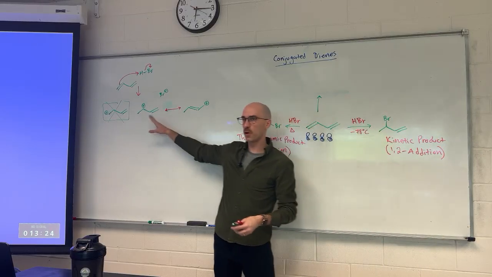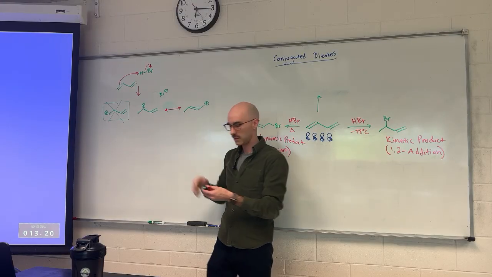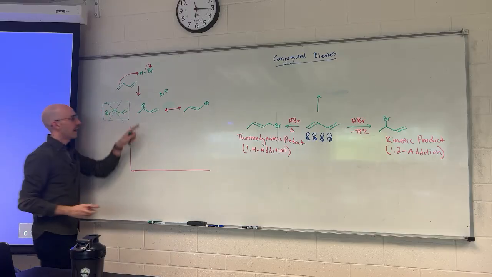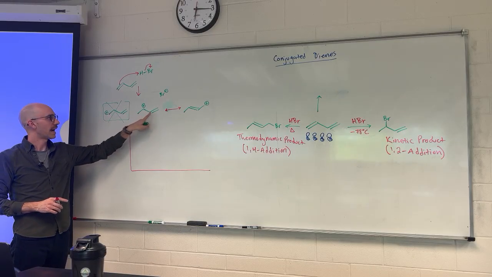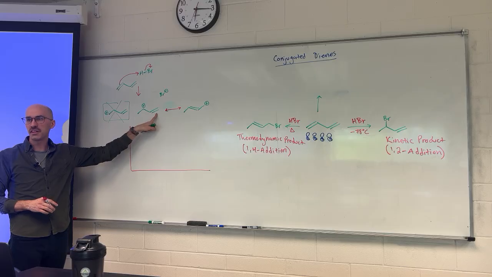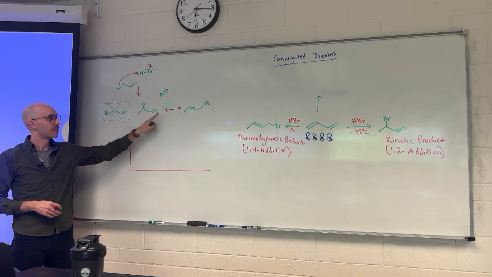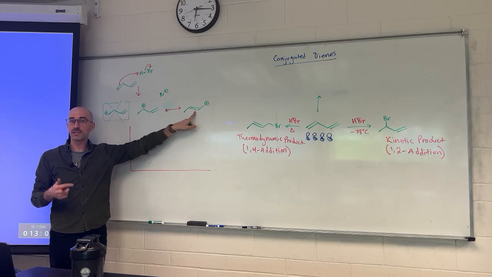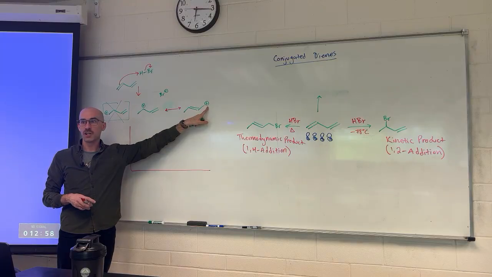But these resonance forms are not of equal stability. The one on the left has a more stable carbocation, but has a less substituted, less stable alkene. The resonance form on the right has a more stable, more substituted alkene, but a less stable carbocation.